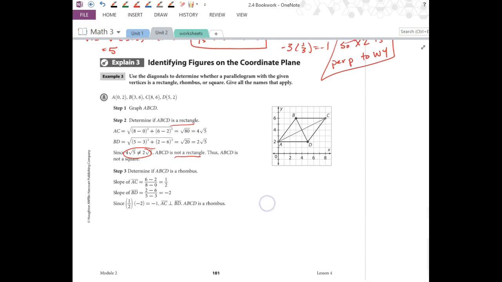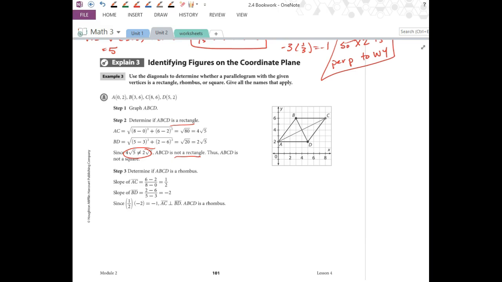Okay, so then determine if ABCD is a rhombus. So what are they doing now? They're using the slopes. Of what kind of lines? Diagonals.